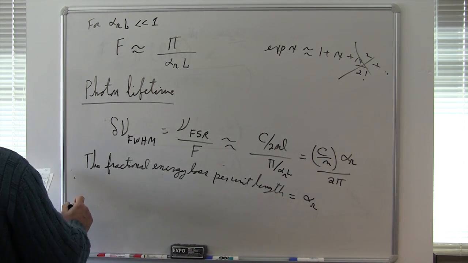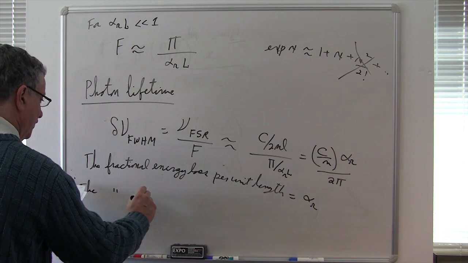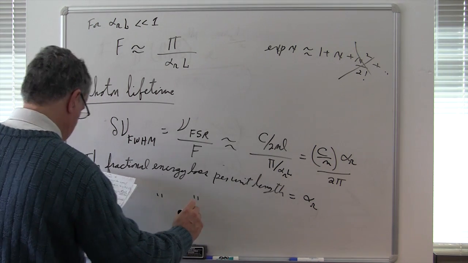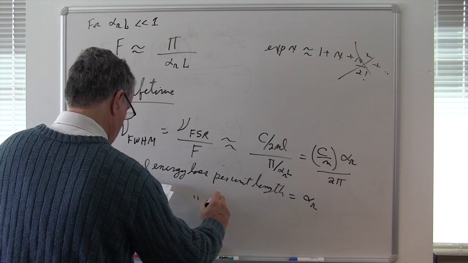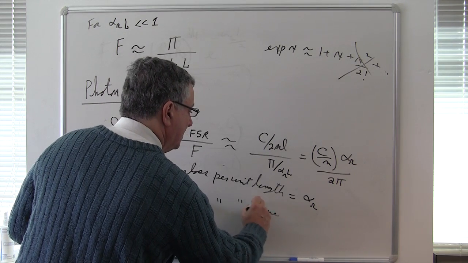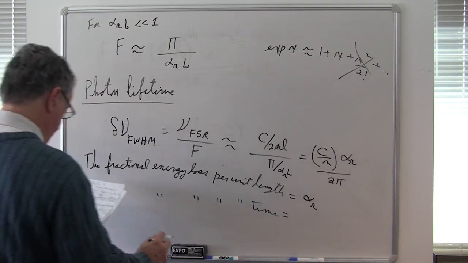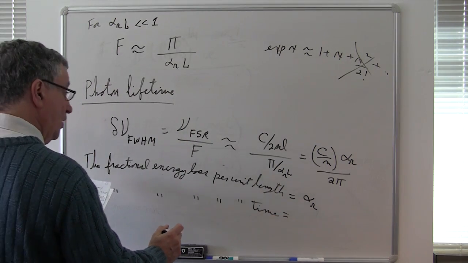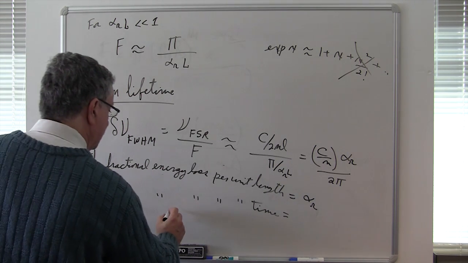Now we can write the fractional energy loss per unit time. Okay? And now this will be given by multiplying alpha r by c over n, the speed of light.